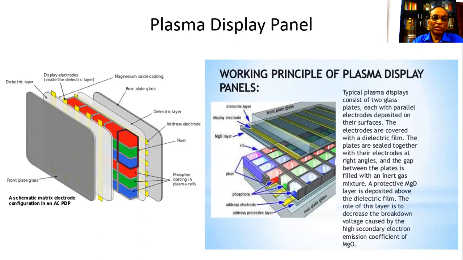So this magnesium oxide coating, and on the other side the dielectric layer, and in between are the horizontally and vertically oriented electrodes. The role of this layer is to decrease the breakdown voltage, caused by the high secondary electron emission coefficient of magnesium oxide.